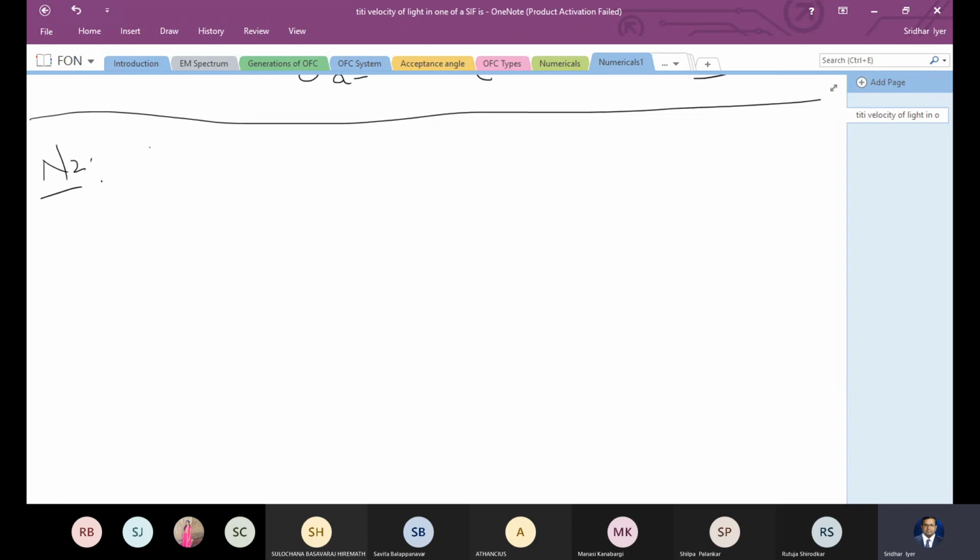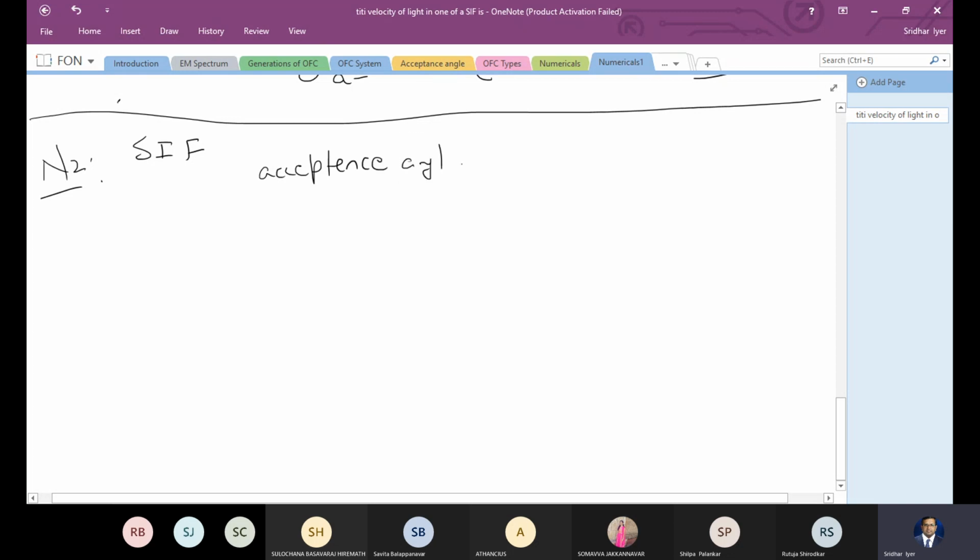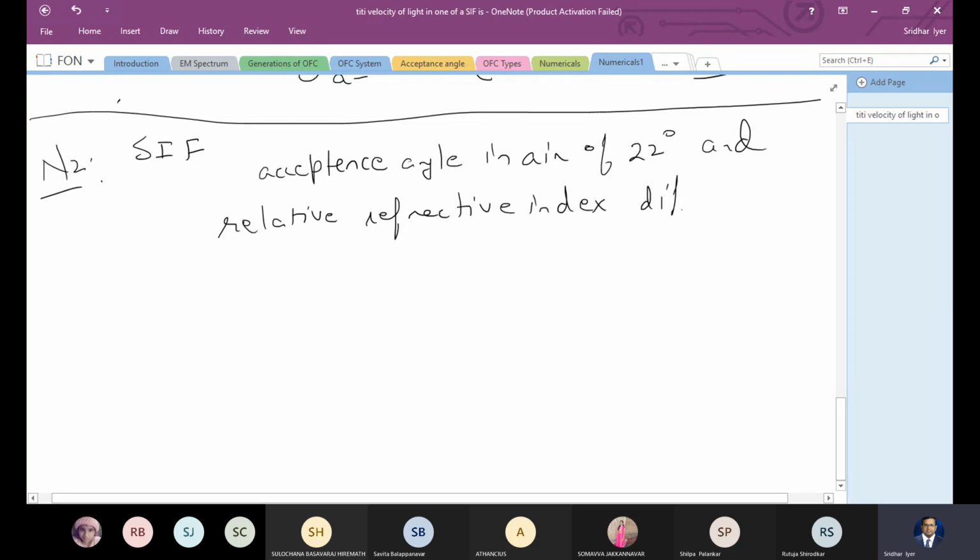Let me read the question. The question is: a step index fiber with a large core diameter compared with the wavelength of transmitted light has an acceptance angle in air of 22 degrees and a relative refractive index difference of 3%.